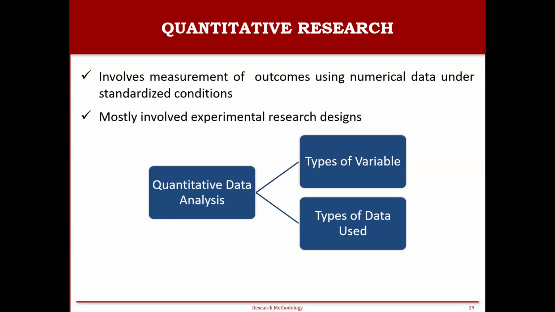Under experimental study, the researcher manipulates one variable in order to identify the effect on the other variable, or to identify the relationship between the dependent and the independent variable. So it will be very helpful for the researcher to establish a cause and effect relationship between dependent and independent variable, right? Under experimental research design linked with the quantitative study.